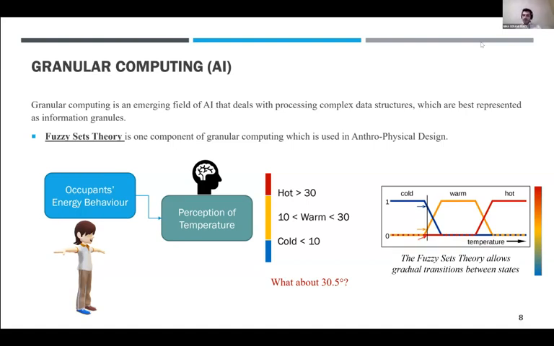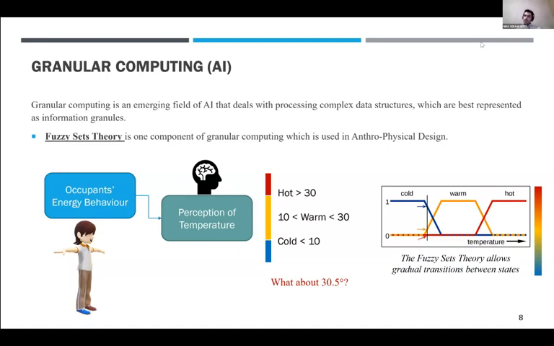So 30.5 degrees can be 99% relevant or equivalent to warm conditions, and 1% compatible with the concept of hot. Or we can have something in between, 50%, 50%, or 30%, 70%.